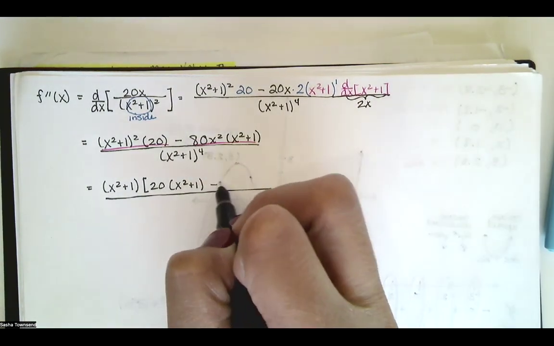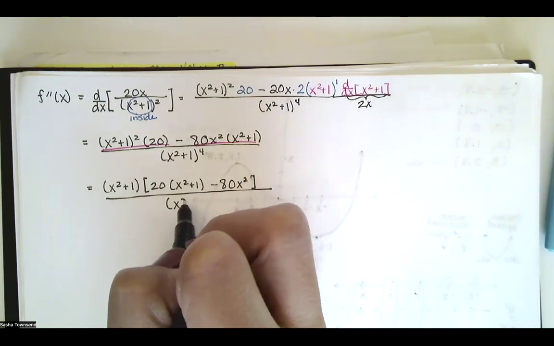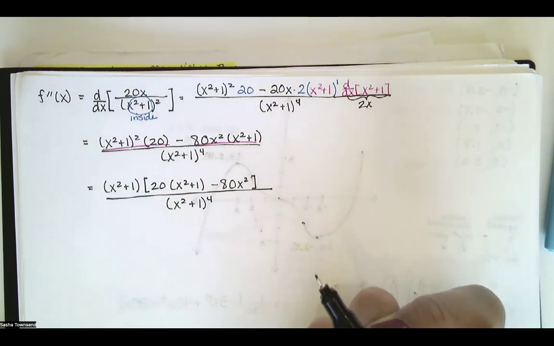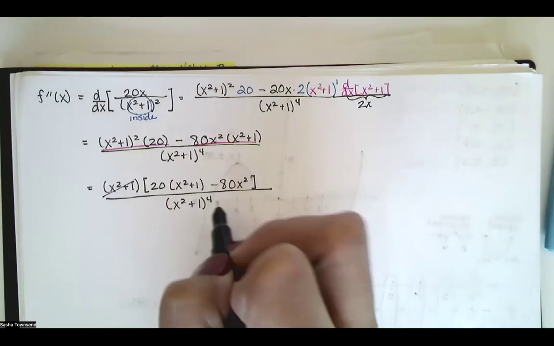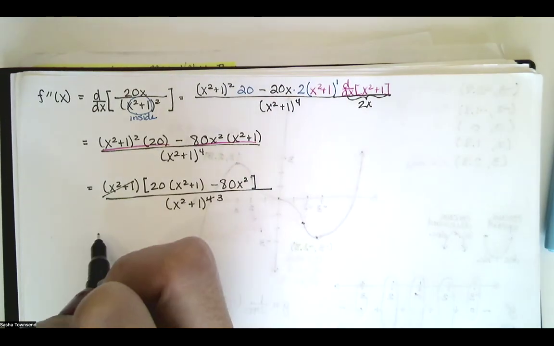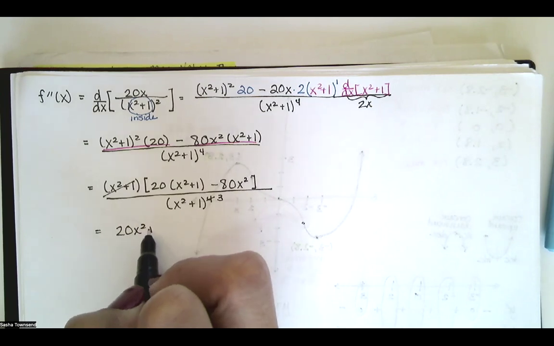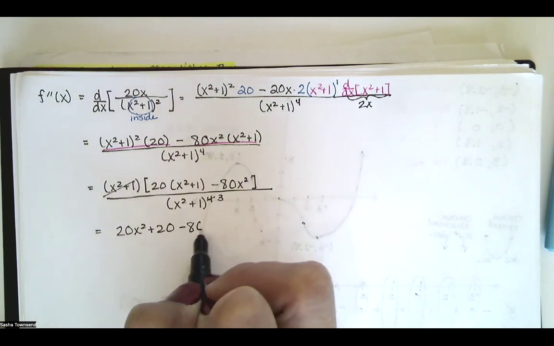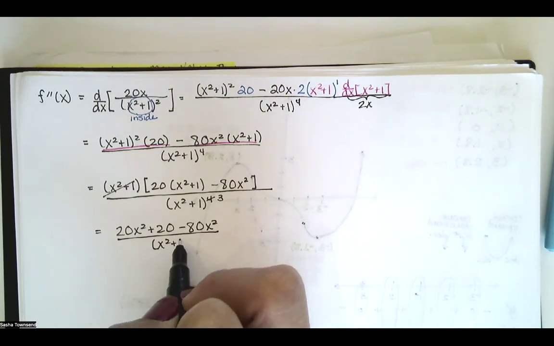And it's going to be that negative 80x squared. So that's what I have there. And this reduces with one of those, so I'll have 3 of them. If I distribute that 20, I've got 20x squared plus 20 minus 80x squared. And we're dividing all of that by x squared plus 1 quantity cubed.